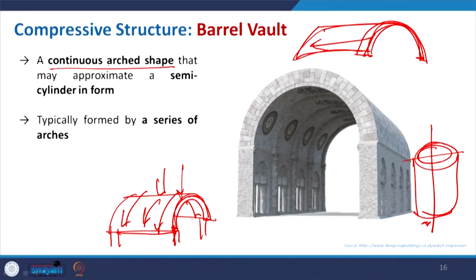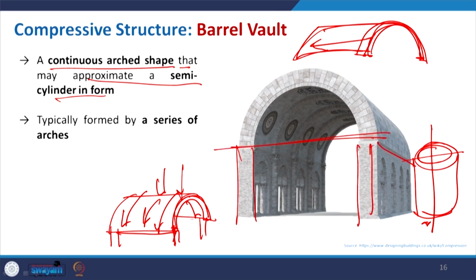A continuous arch shape, or the stretched arch, may approximate a semi cylinder in form, supported by the wall, and typically formed by a series of arches. Definitely it is a continuous series of arches that makes this form.